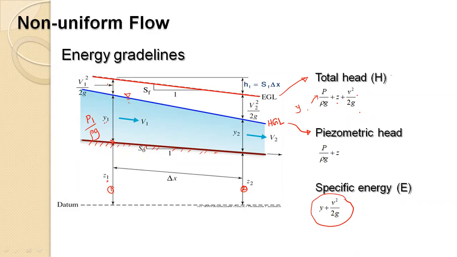The head above the channel bottom is the pressure head, or the water depth, plus the velocity head. So that is the specific energy or the specific head. These are some definitions with respect to open channel flow.